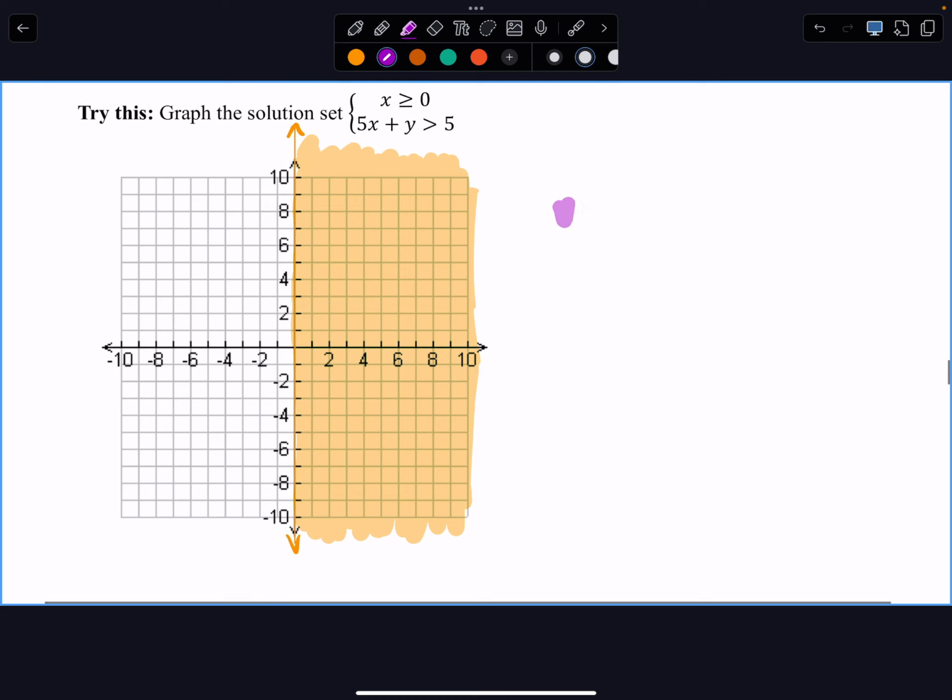And then we would have y. Oops, no, that's not what I want. Y is greater than negative 5x plus 5. I think I need to restart my iPad because my Apple Pencil has been glitchy today.